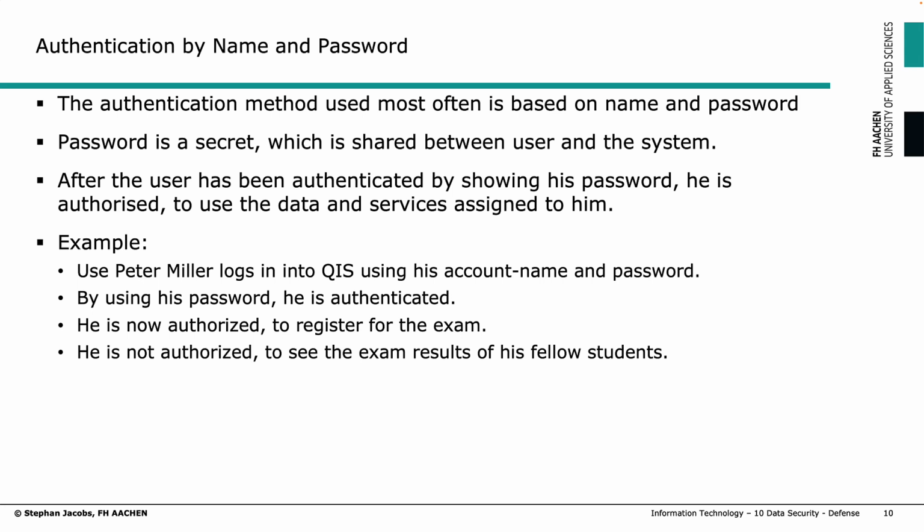Peter Miller is now authorized to register for an exam. That's what his rights are all about. He is not authorized to see the exam results of his fellow students, because that's not part of his rights. His rights are restricted to the owners of these data.